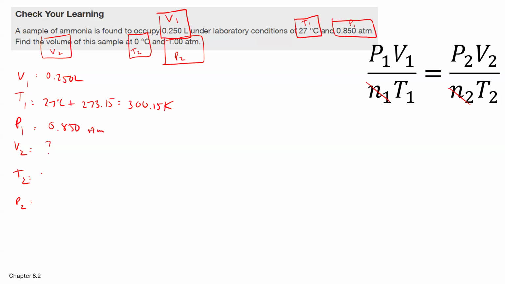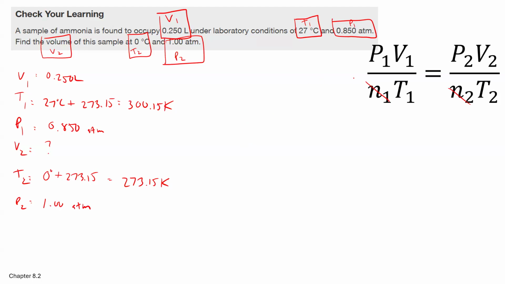V2 is what we're trying to find. This is 0 plus 273.15 equals 273.15 Kelvin. Last one is 1 ATM.